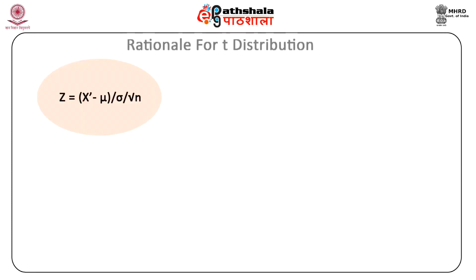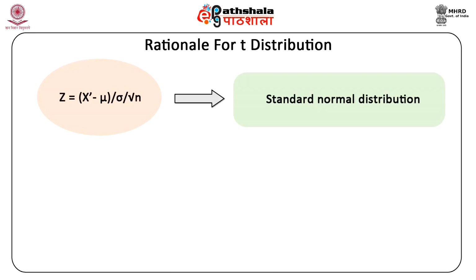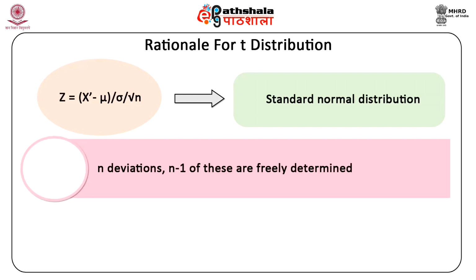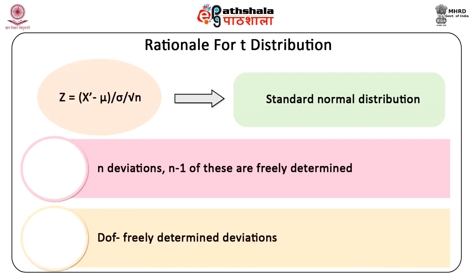Here z is equal to x prime minus mu slash sigma slash square root n and has the standard normal distribution. This is because s is based on the n deviations, which implies that only n minus 1 of these are freely determined. The number of degrees of freedom for a t variable is the number of freely determined deviations on which the estimated standard deviation in the denominator of the t statistic is based.